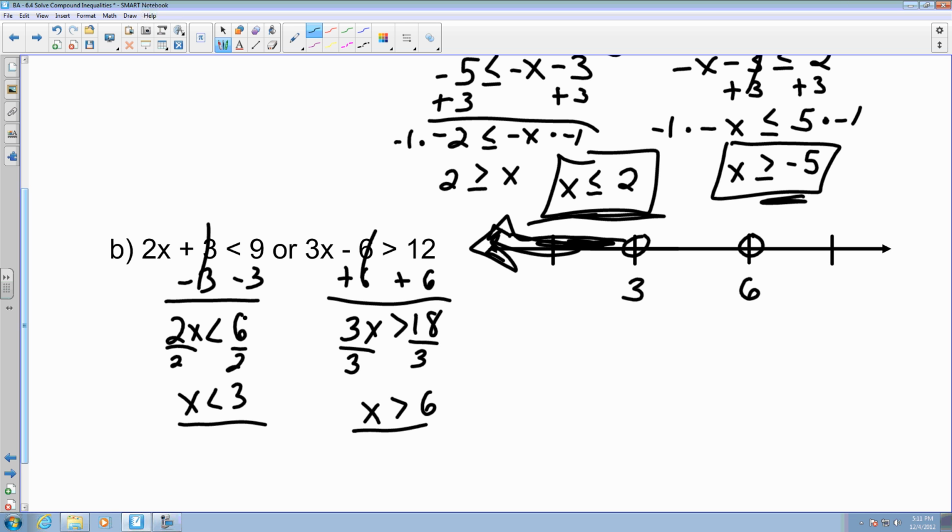And for x is greater than 6, I'm going to shade to my right. And this holds true for my OR statements, because I said before, OR statements you shade on the outside, and AND statements you shade in between them. And those are the solutions that we are looking for example B.